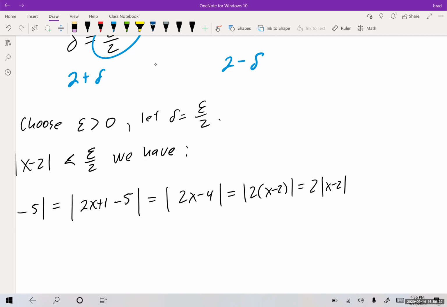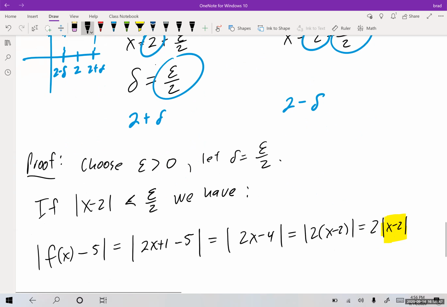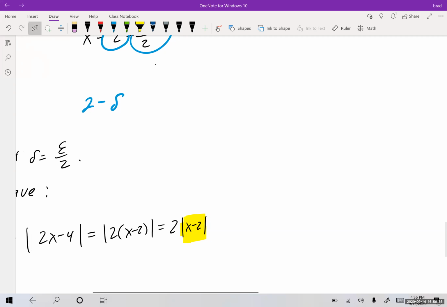Now the thing is, does this look familiar? Does this x minus 2 inside of an absolute value look familiar? Well, if we come over here, didn't we say that the absolute value of x minus 2 is less than epsilon over 2? So I now know that, and here's where you've got to be a little careful, okay?